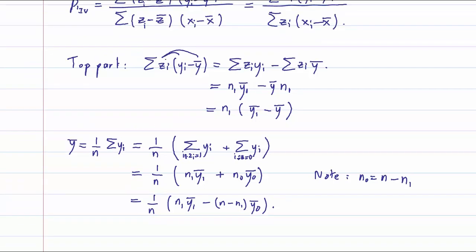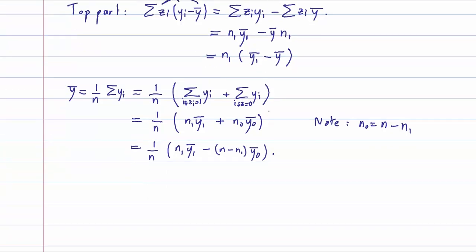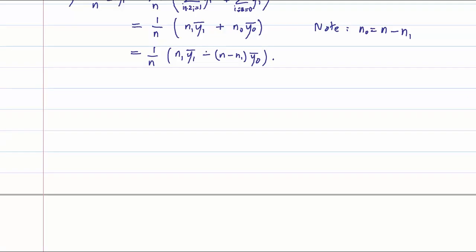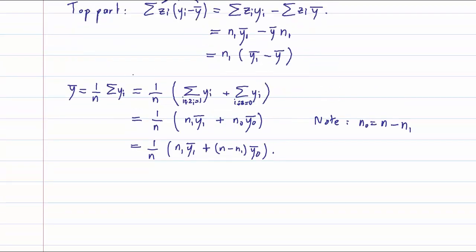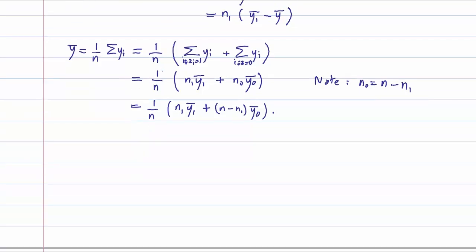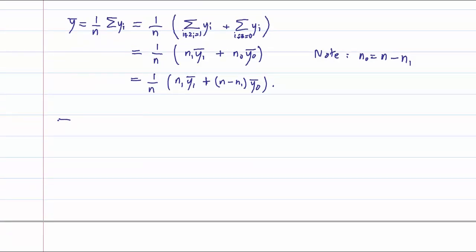So if we come back to our top part here, I see I have the y1 bar minus y bar. I'm going to substitute this new formula for the y bar into this formula. So I made a mistake here, of course it's plus. And now I'm going to substitute the y bar I just found into this equation, that's just the equation for the top part. So I'm going to write it, the sum of zi times (yi minus y bar).